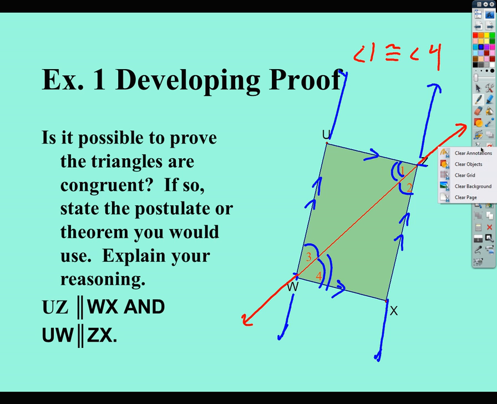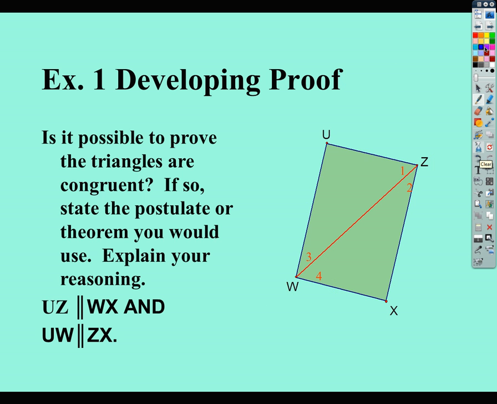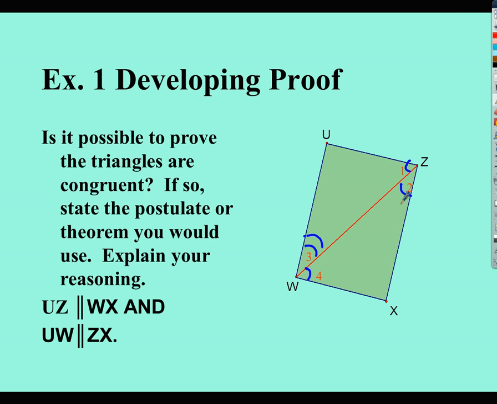Good. So that looks pretty messy. So we have this, right? We know that those guys are congruent and those guys are congruent. And there we have it. WZ is congruent to itself, a reflexive property, right? Congruence. So now I've got it. I've got angle, side, angle of the left top triangle is congruent to angle, side, angle of the bottom right triangle.